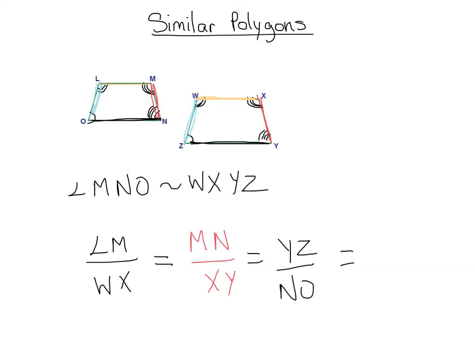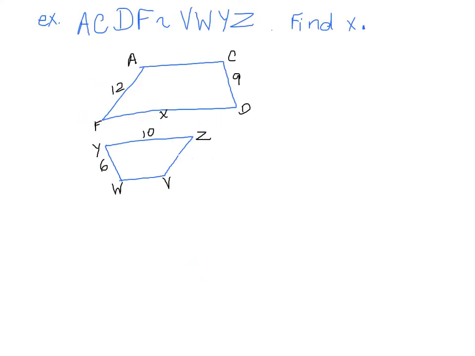You're going to get the same result if you put OL over ZW. Okay, so all these fractions will be equivalent to each other. So that's what it means when we say that our corresponding sides are proportional. Alright, so let's look at an actual example with numbers, and this will become so much clearer.